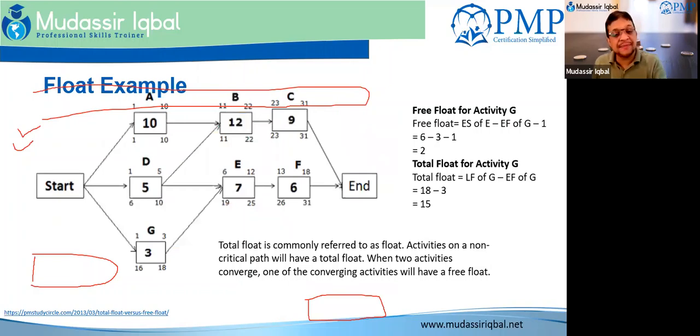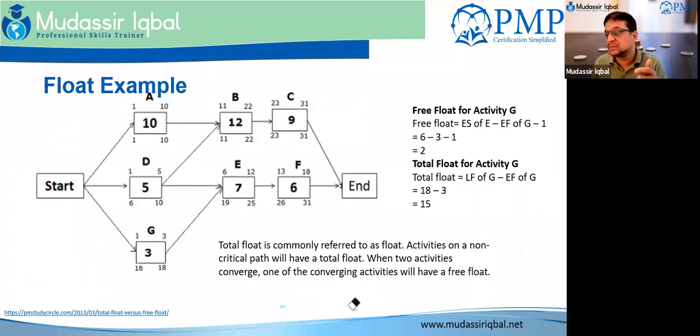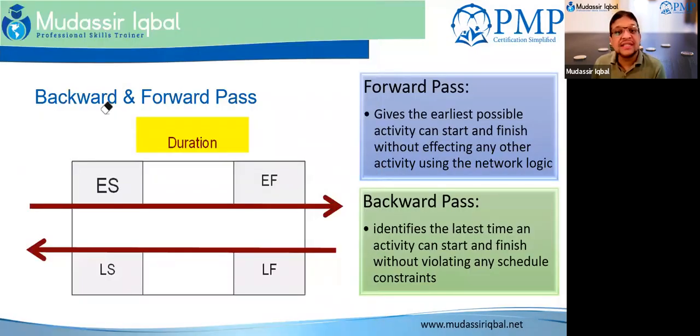So take an example here. This is the one, I will go back to that example. This is the diagram that you need to understand. So you have a forward pass and you have a backward pass.